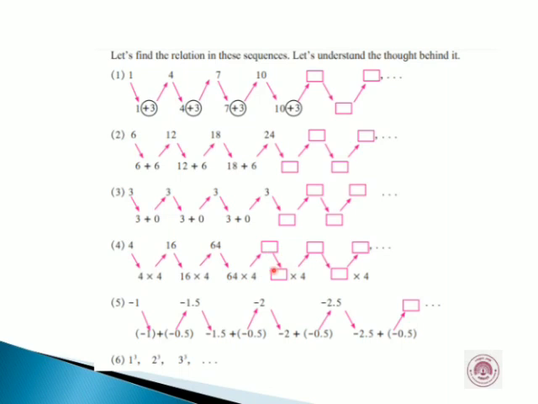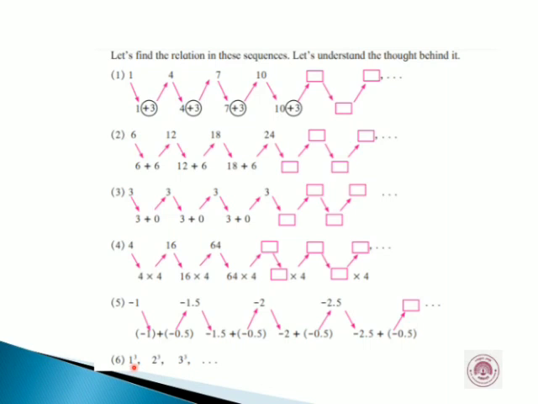That means each term is obtained by multiplying the previous term by a particular number. Then the next sequence, you can study it. Each term is obtained by adding minus 0.5 to the previous term.